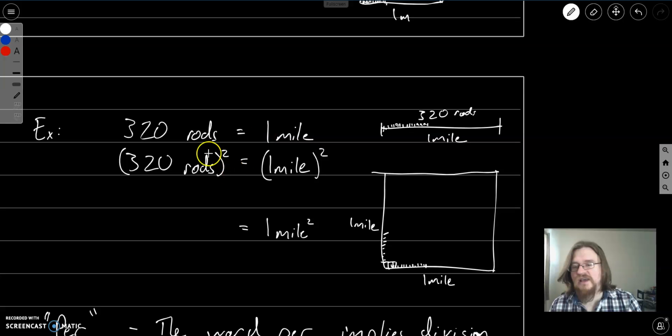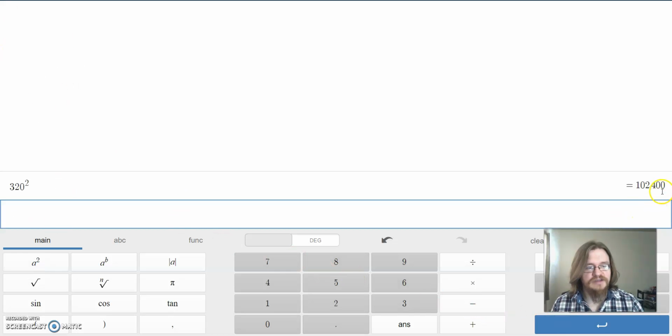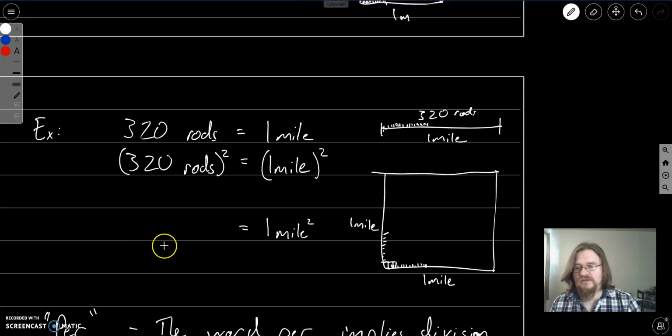320 rods, maybe that's a little bit hard to do in my head, so I'll take 320 and I will square it using decimals. Enter, I'll get 102,400. So this is 102,400 square rods.